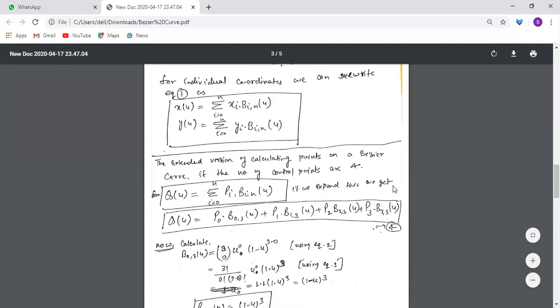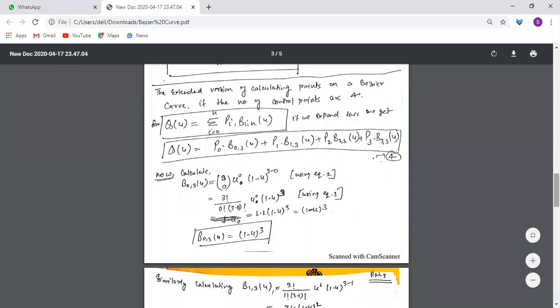If we expand the summation, we'll get this term. We start from i equals 0 and go till n equals 3. So p0 multiplied by b0,3 of u plus p1 b1,3 plus p2 b2,3 plus p3 b3,3. Hope this is clear. This is simple mathematics.